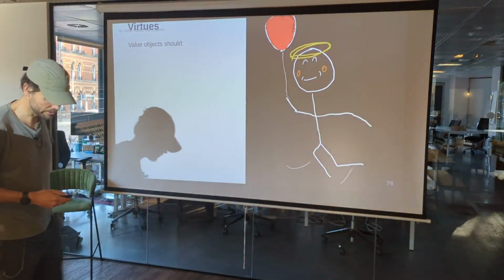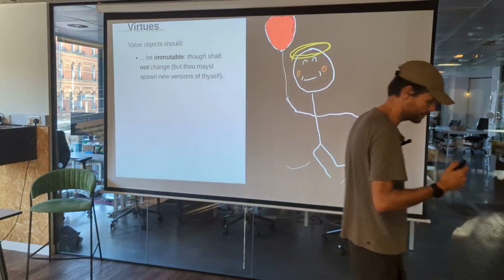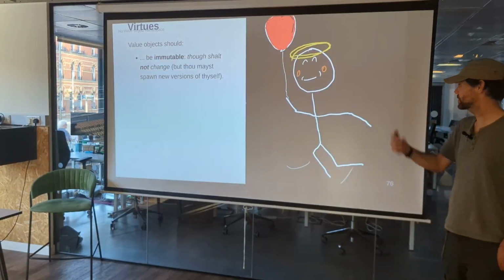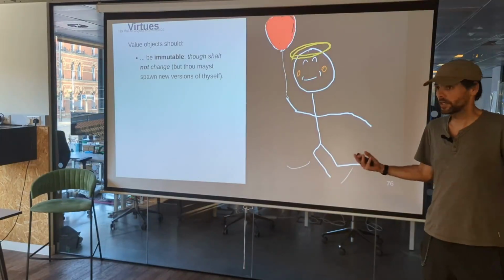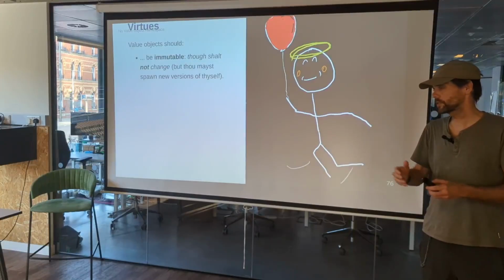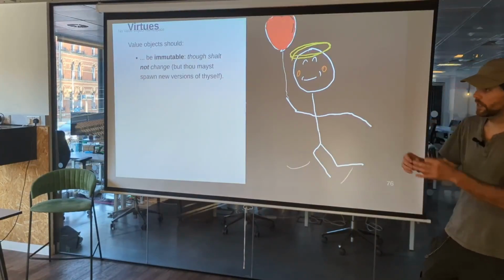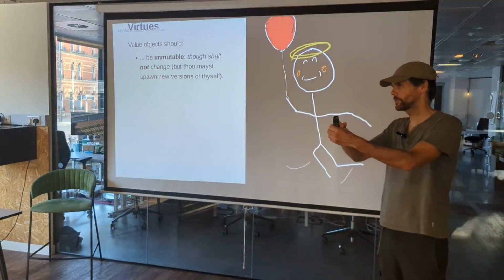So to finish off, value objects should be immutable. Thou shalt not change, but thou mayest spawn new versions of thyself. So yeah, you can't change 7 to 8, but with value objects, you will often see that they have methods that look like they mutate them. You might have an integer value object, and you might add another integer one to it.